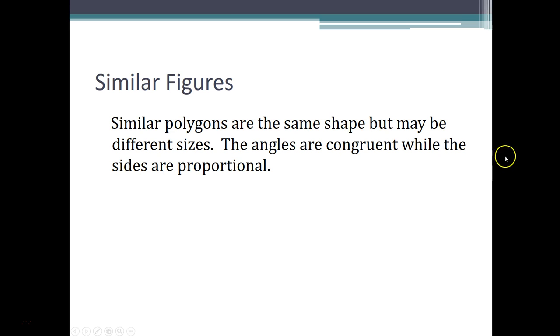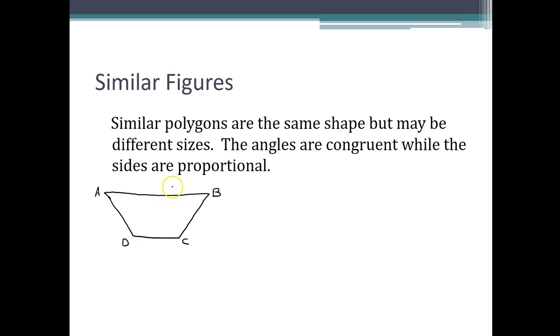Let's look at an example with similar figures, and see what is meant by this proportional sides business. Let's say you have one quadrilateral that looks like this, and it's quadrilateral ABCD.